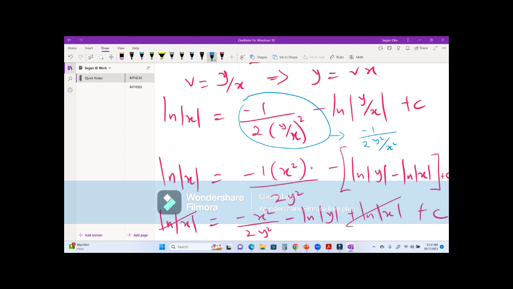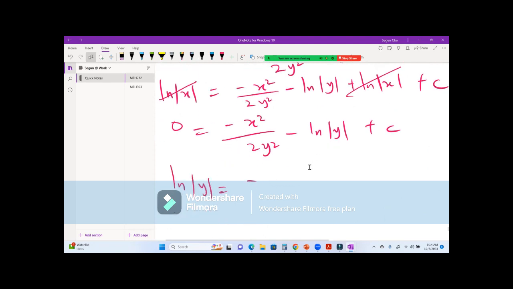Okay. So by the time you take this one, division over division, this one will automatically come up here. When you take the inverse of that, it will come up. Thank you for that. So we have minus x squared over 2y squared, right?